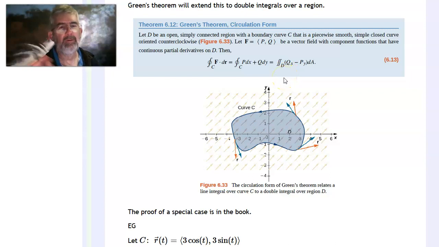And then they just sort of wave their hand and say, yeah, for more complicated regions, you just cut it up into a bunch of rectangles and it's close enough. It's like, okay, whatever. I don't want to take the time to do the proof. You can read the proof in the book. It's pretty straightforward. It just parameterizes the four sides and evaluates the integral and shows that it's equal to that.